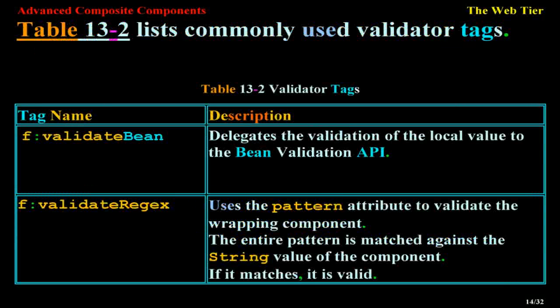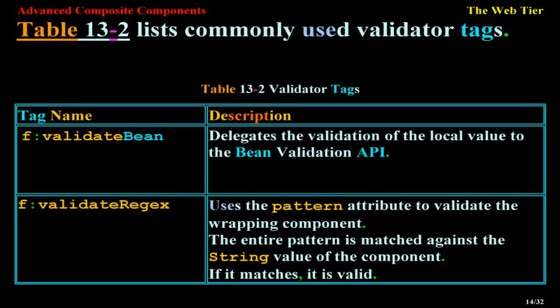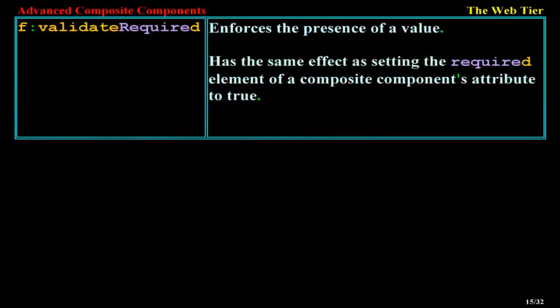Table 13-2, validator tags. f:validateBean delegates the validation of the local value to the Bean Validation API. f:validateRegex uses the pattern attribute to validate the wrapping component. The entire pattern is matched against the string value of the component. If it matches, it is valid. f:validateRequired enforces the presence of a value. It has the same effect as setting the required element of a composite component's attribute to true.